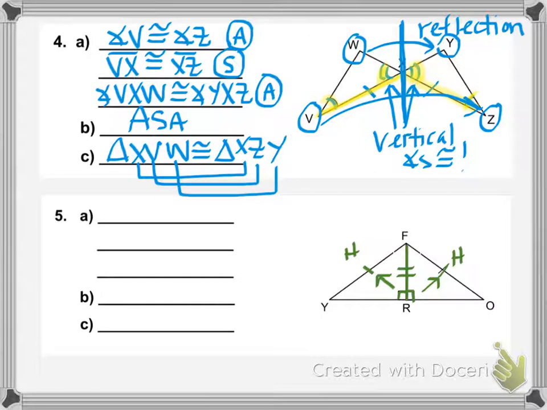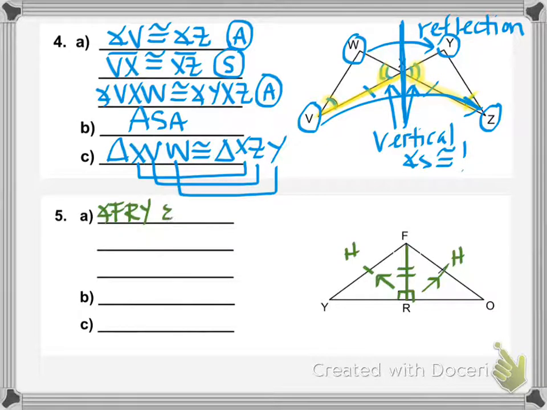So let's go ahead and first say that we've got 2 right angles. What you're going to do for HL, you're not going to say that the right angles are congruent. You're just going to state that you have 2 right angles. And because they both have vertex R, we're going to use 3 letters to name them. The one on the left we could call angle FRY or YRF. So this one's not actually a congruent statement. I'm not going to have a congruent symbol.